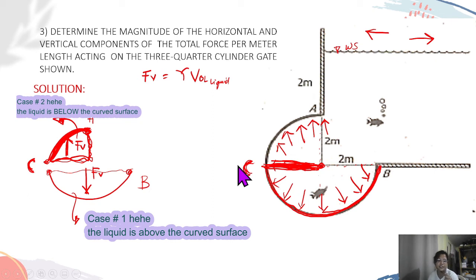So, anong implication yan? So, kung case number 1, tapos case number 2, therefore, that falls under the category of case number 3. Di ba? Sabi ko sa inyo, combination ng 1 at 2, case number 3 yun. Pero ano gagawin natin kapag case number 3?